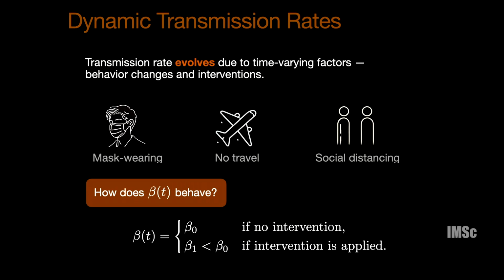So it's a step function, right? Usually beta 0 is high. If there is a mandate, then I wear a mask, restrict my travel, socially distance, so beta comes down. So it's dynamic in that sense. It's a step function, but again, as I said, it could be any other function of time, beta t.